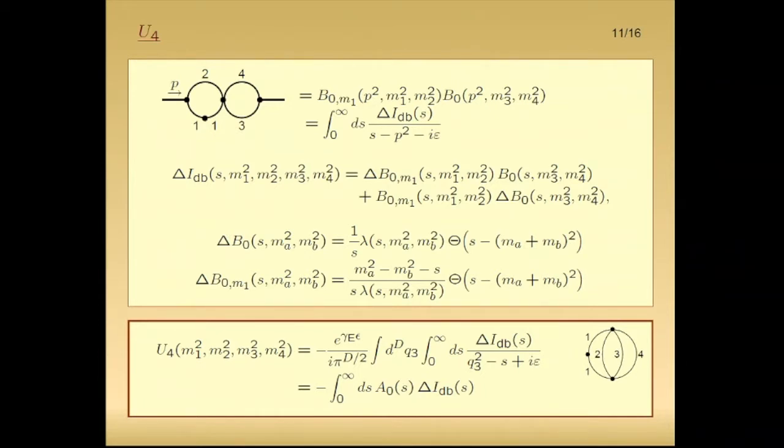But this integral can be performed immediately, right? Because the third loop momentum only appears down here. So this is just a basic one-loop A0 function. So I can write it like this, and then the remaining integral over this cut parameter S could be done numerically, but it's just a one-dimensional integral.